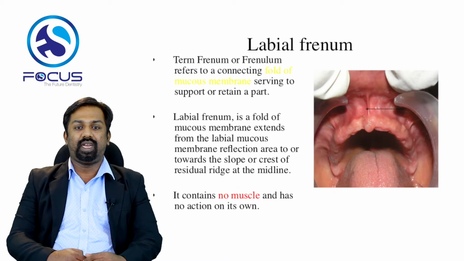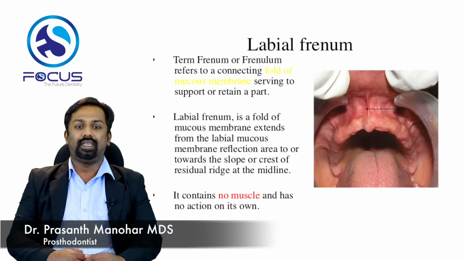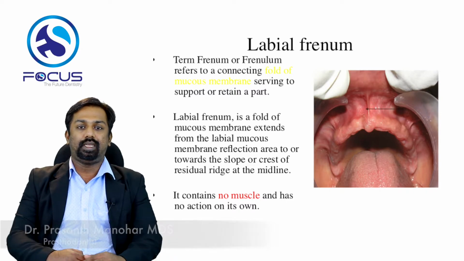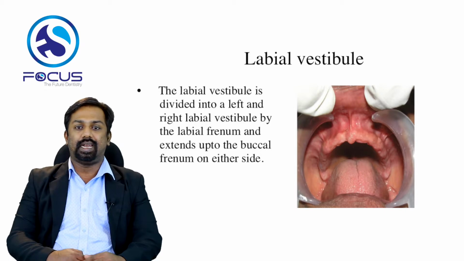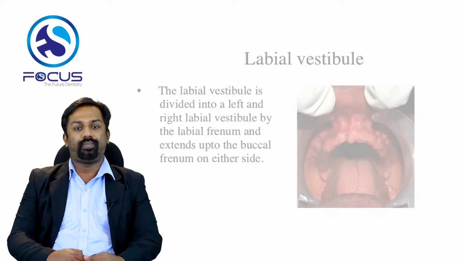Coming to labial frenum. Labial frenum is a passive frenum. That means there is no muscle attachment. It is present in the midline of the maxillary edentulous arch. This labial frenum divides the labial vestibule into right and left halves. So coming to labial vestibule. Labial vestibule, as I have already told, is divided into right and left halves by the labial frenum.